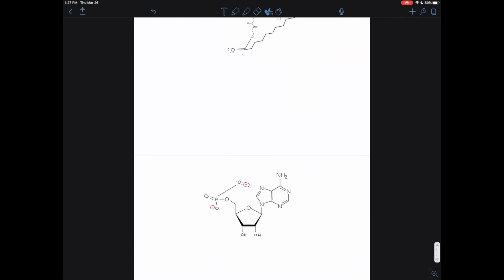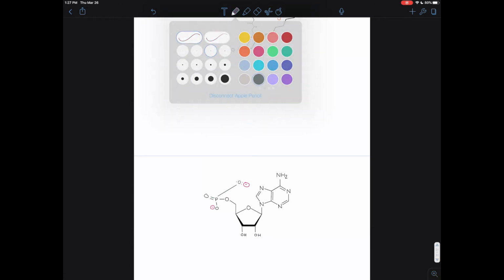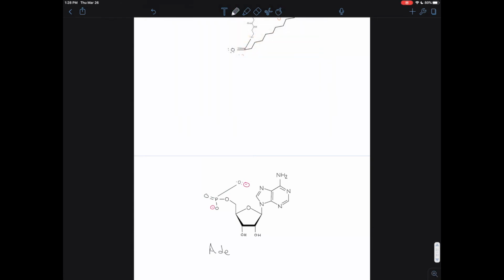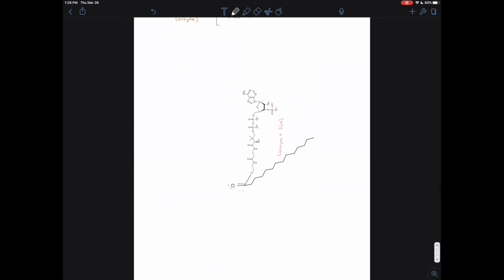So this is no longer acyl adenosyl phosphate. This is now adenosine monophosphate, or AMP. There's your adenosine, there's your monophosphate.